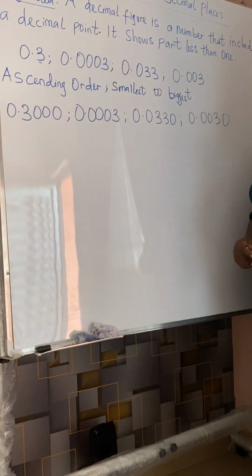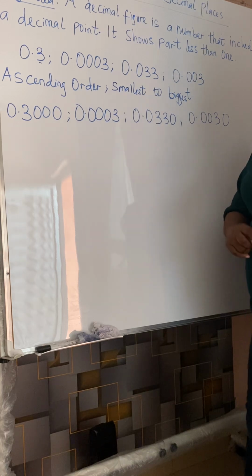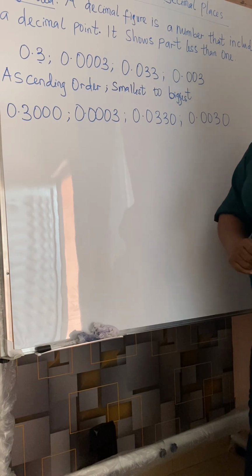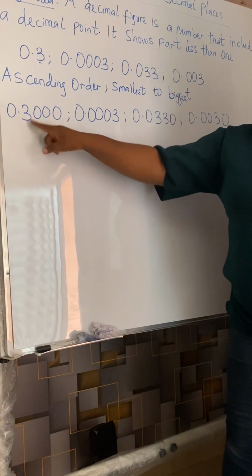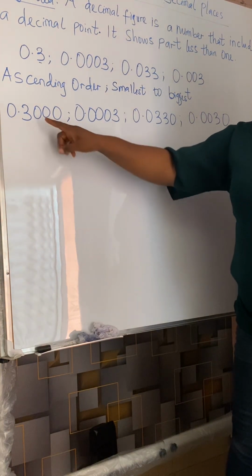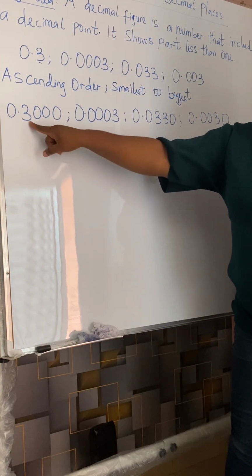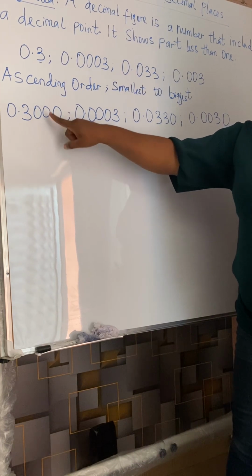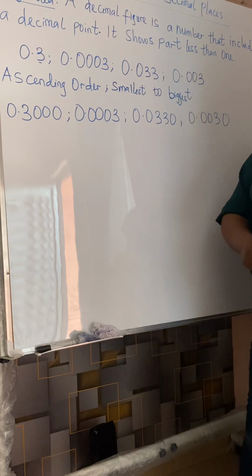How will you look at these numbers? You will look at them with the knowledge of place value. Remember, I told us that the 10th house is the largest house. So any number you have in the 10th is bigger than any number you have in the 100th, the 1000th, and the 10,000th.